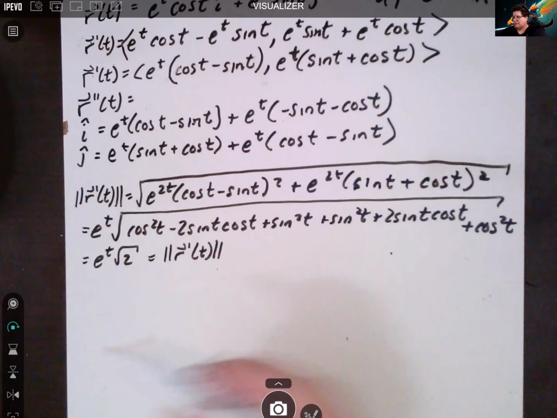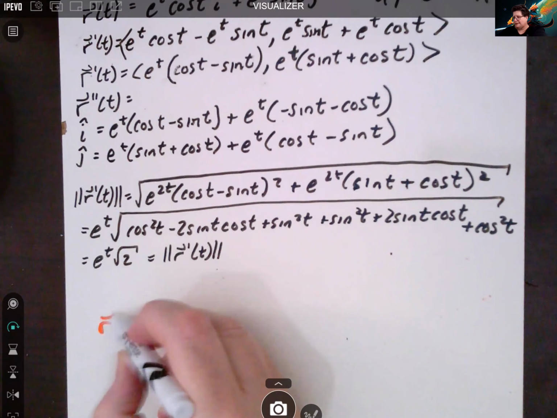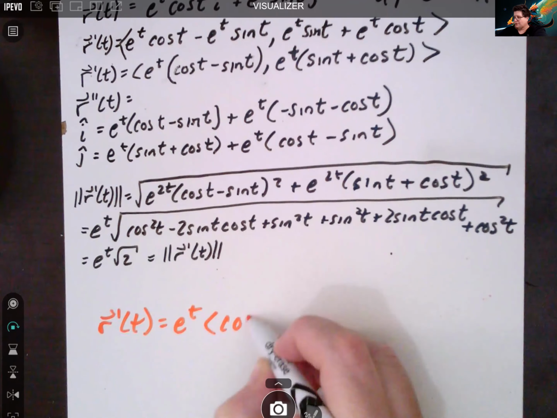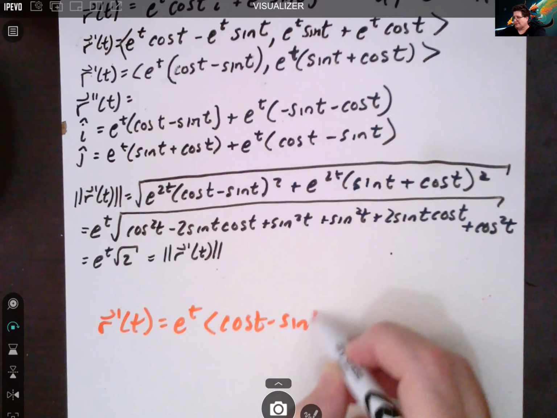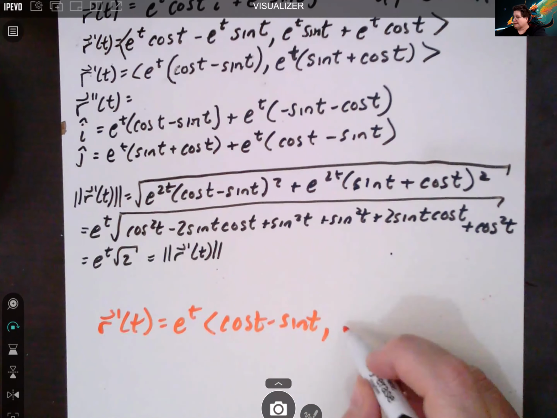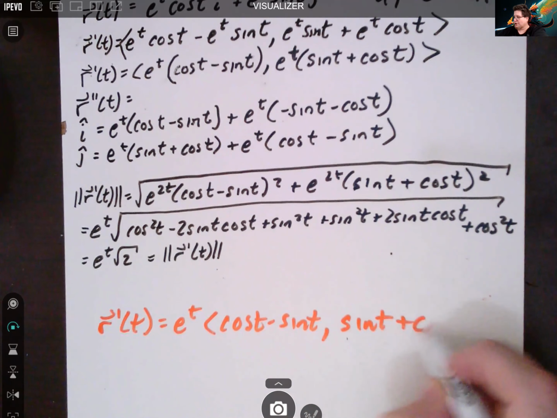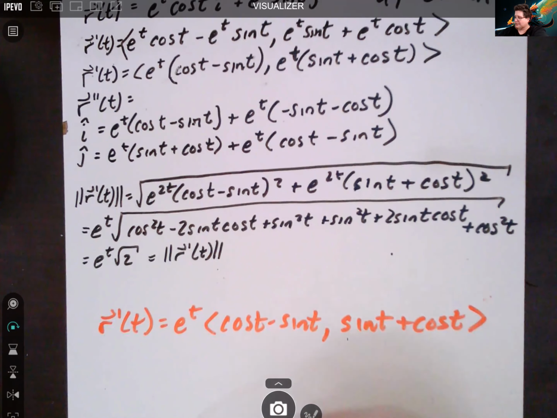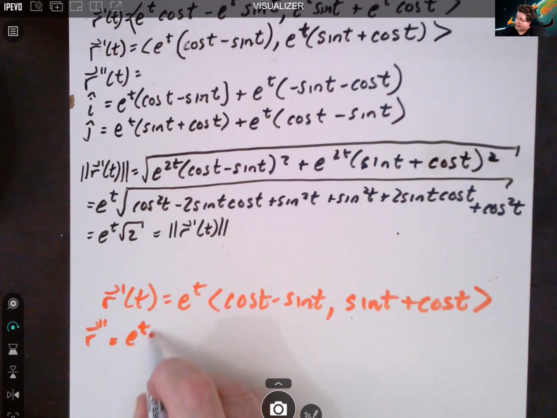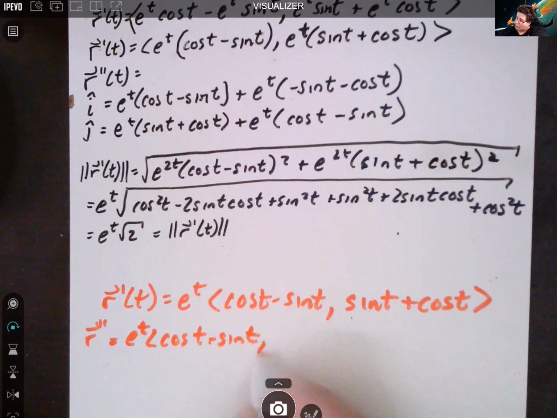So you could have it like this. You could put the e to the t outside, but when you take the derivative, you've got to do both sets. So you could get away with doing something like R double prime equals, well, I'll take the derivative of the first one, and the second part stays the same, and I'm just going to leave the vectors as a whole.